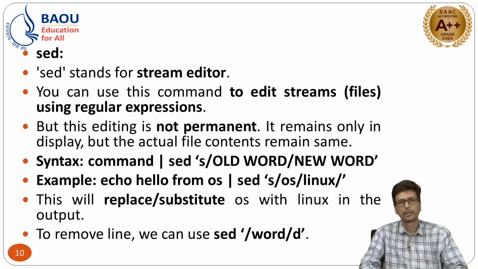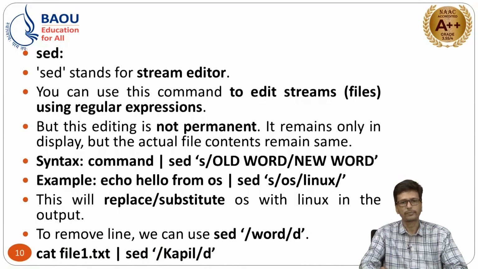In that case the sed command will first search for that word, and after finding it, it will remove the whole line. If multiple lines contain that particular word, all those lines will be deleted after applying this command, right? So it is a very easy command, the stream editor command.